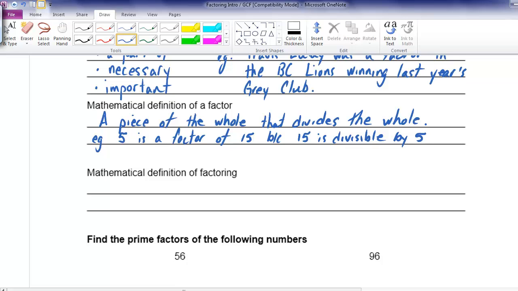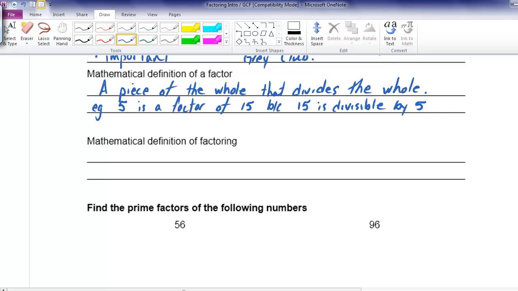And what we want to really be good at by the end of this unit is we want to be able to break the whole into its pieces, and that's what factoring is. So factoring is a very important mathematical process. It's something we all have to be able to do, and we all have to be able to do well, and you're going to find you're going to be factoring for the rest of your mathematical life.